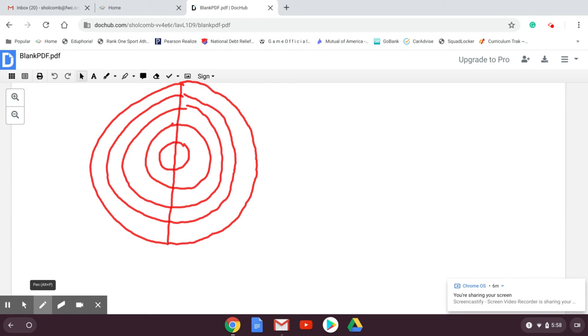So if the diameter is 122, the radius has to be 61. Okay? But then we're told that each consecutive concentric circle has the same distance here to here, here to here, there to there, there to there, and there to there. So that 61 is broken down into those areas.